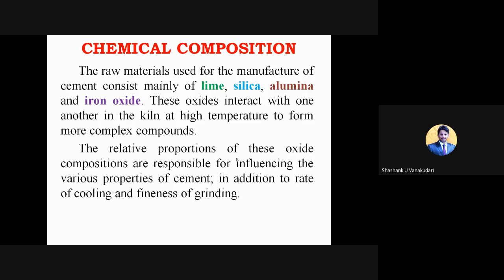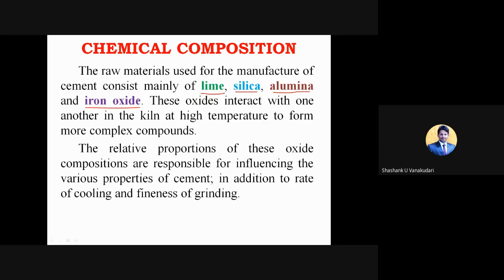The raw materials used for the manufacture of cement consist of mainly lime, silica, alumina, and iron oxide.